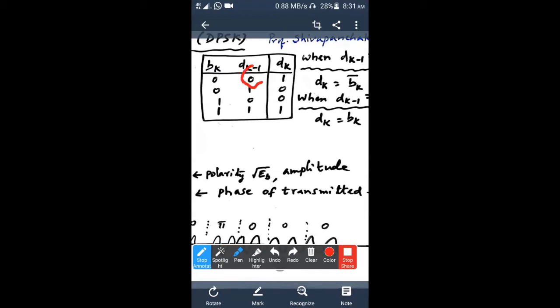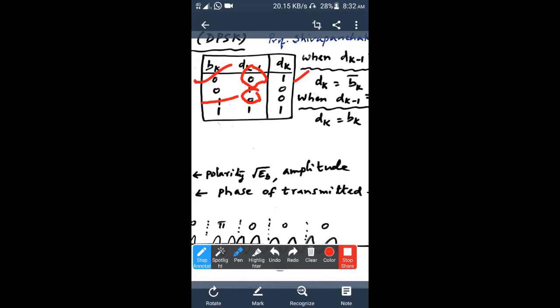If you look at this, DK minus 1 is 0, here also DK minus 1 is 0. So in two cases, DK minus 1 is 0. When DK minus 1 is 0, what happens to your BK? When BK is 0, DK is 1. Did you observe this carefully?